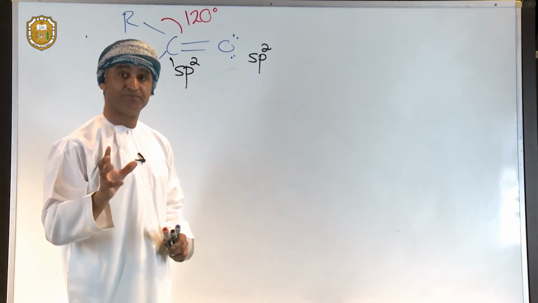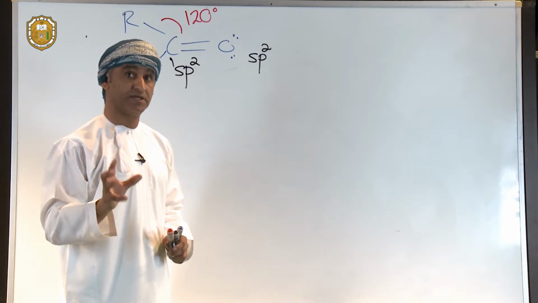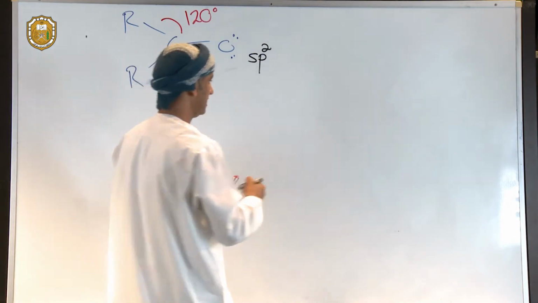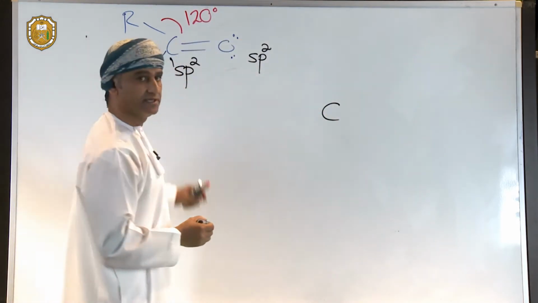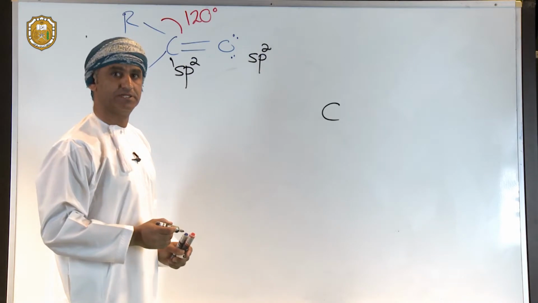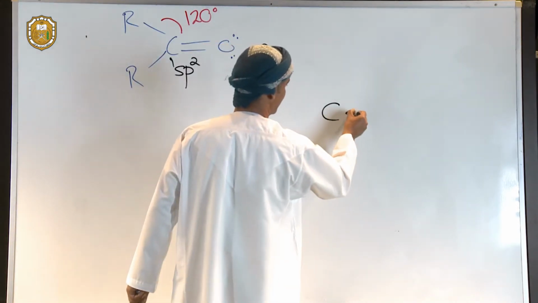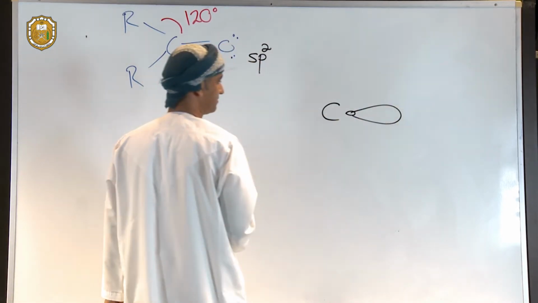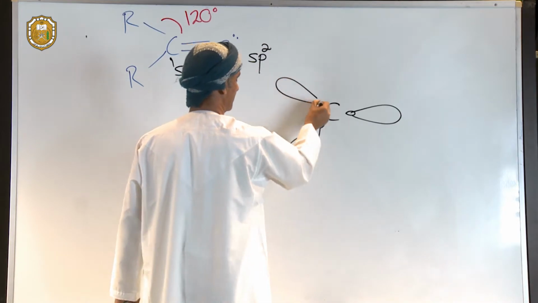Let's try to draw a picture of orbitals or a picture of bonding in the carbonyl group. For example, carbon. That's carbon. Now, we've seen already that the hybridization type is sp2. There are 3 of them, obviously, around carbon. So that's one of them. This is an sp2 hybrid orbital, and that's another, and that's a third one.